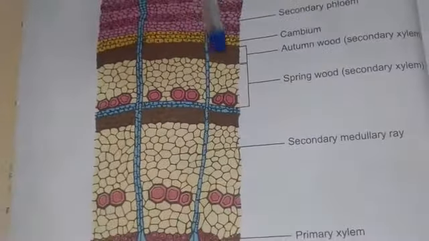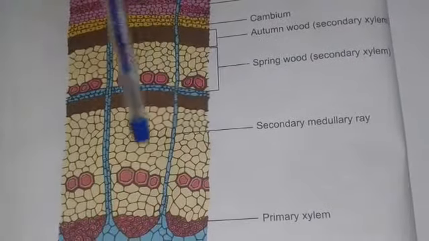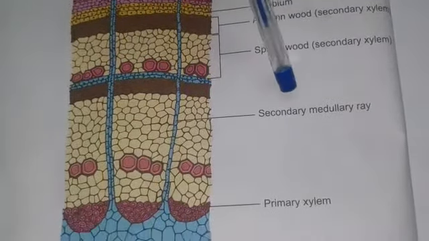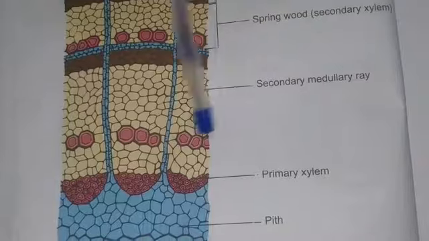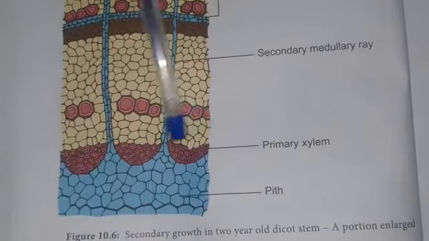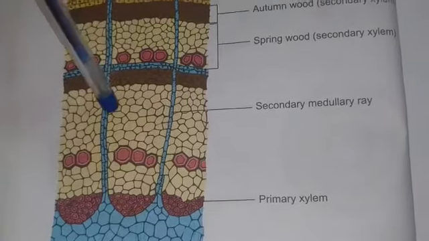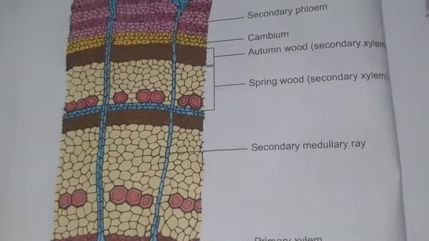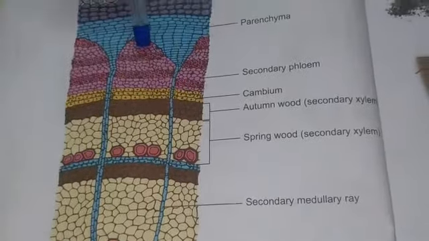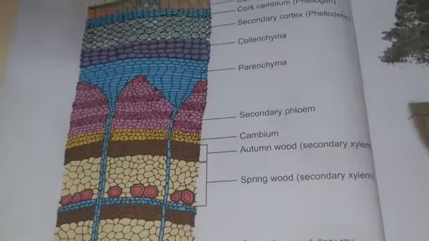The medullary rays are parenchyma cells present between the xylem and phloem, called secondary medullary rays, then primary xylem and pith regions. So these are the different regions present in the secondary growth of a two-year-old dicot stem.